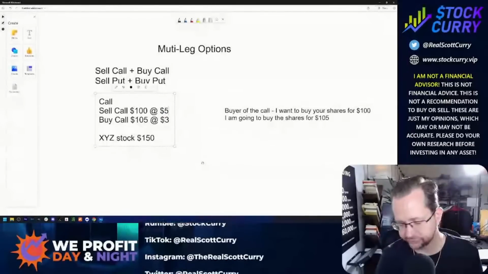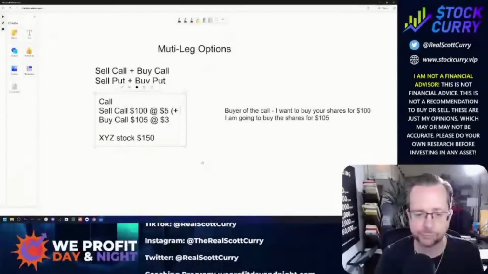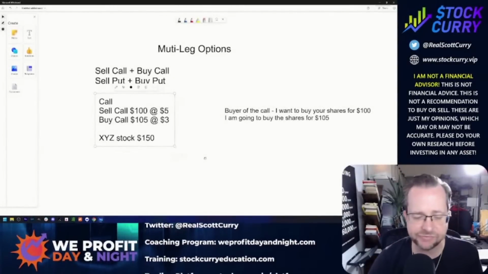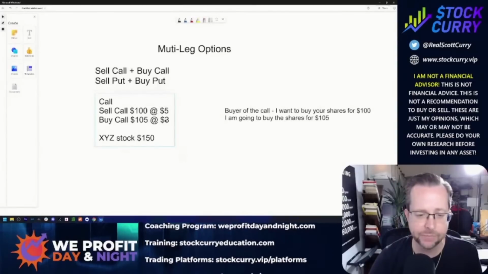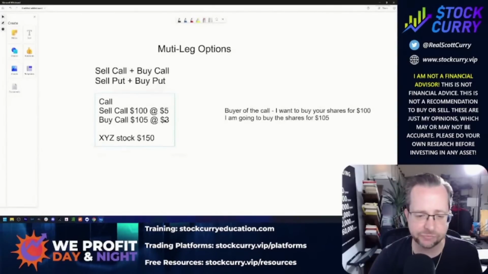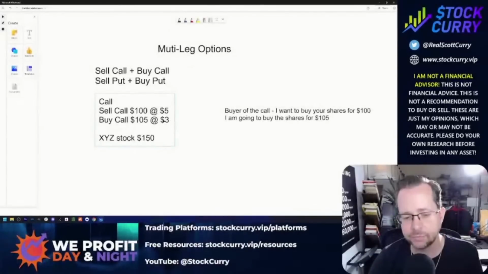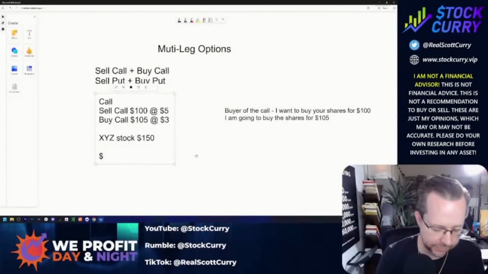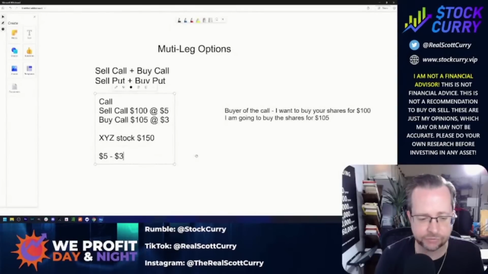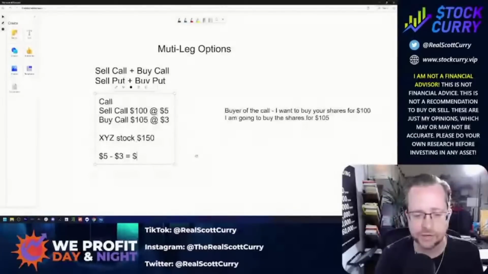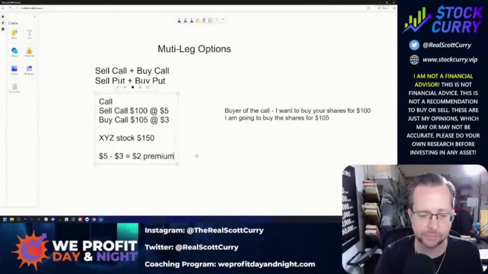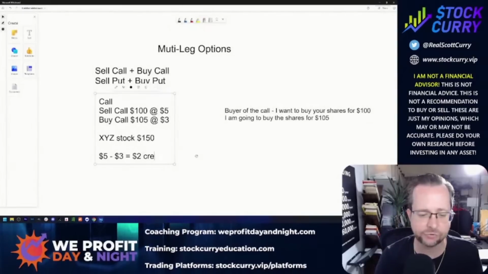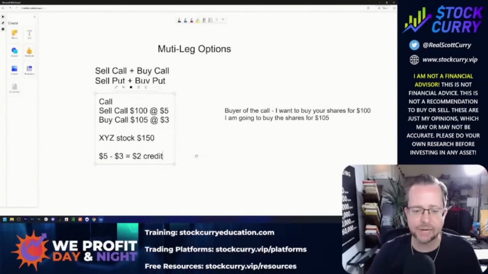I collected $5 for each share, basically, and then I took 3 of those and spent them on a call option. So net, the $5 I collected minus the $3 that I spent is $2 in premium that I collected. This is what's known as a credit, because it's money coming to me.